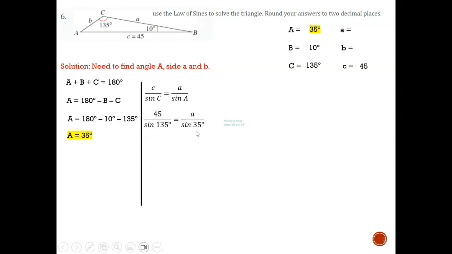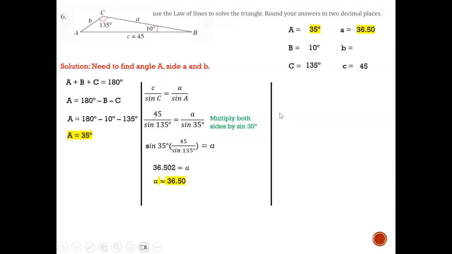We multiply both sides by sine of 35, so we get sine of 35 degrees times 45 over sine of 135 equals a. You can just put this in the calculator the way it is. You're going to get something like 36.502. I believe it says to round off to 2 places, so it's going to be 36.50. So little a is approximately 36.50.